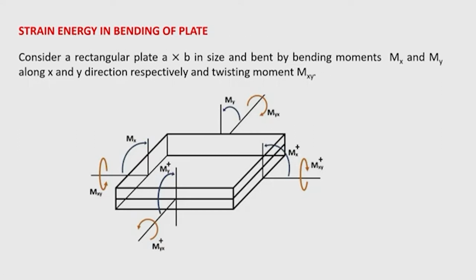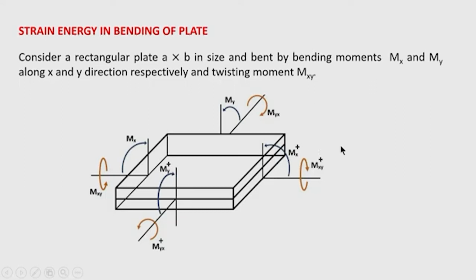Here you are seeing a plate which has dimensions a by b, and we take an element of the plate whose length is dx along the x direction and dy along the y direction. Mx is the bending moment along the x axis, and on the opposite side Mx plus indicates Mx plus an increment of the moment.